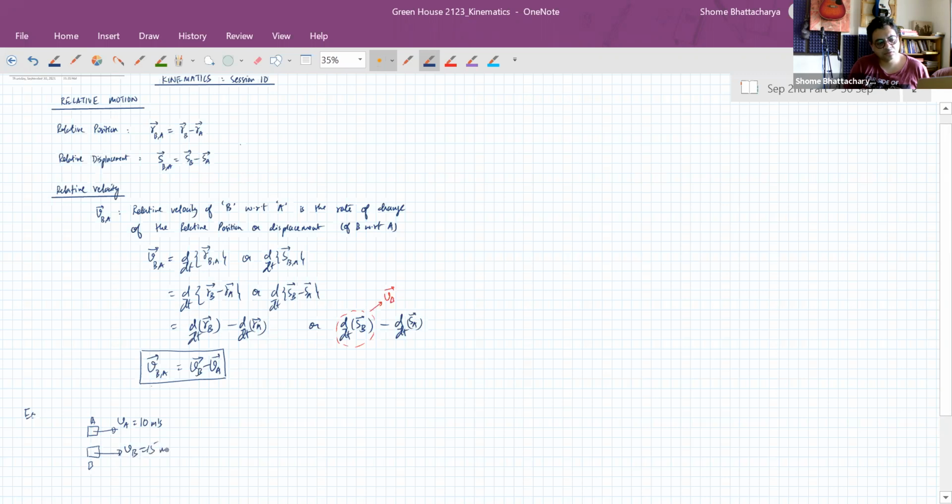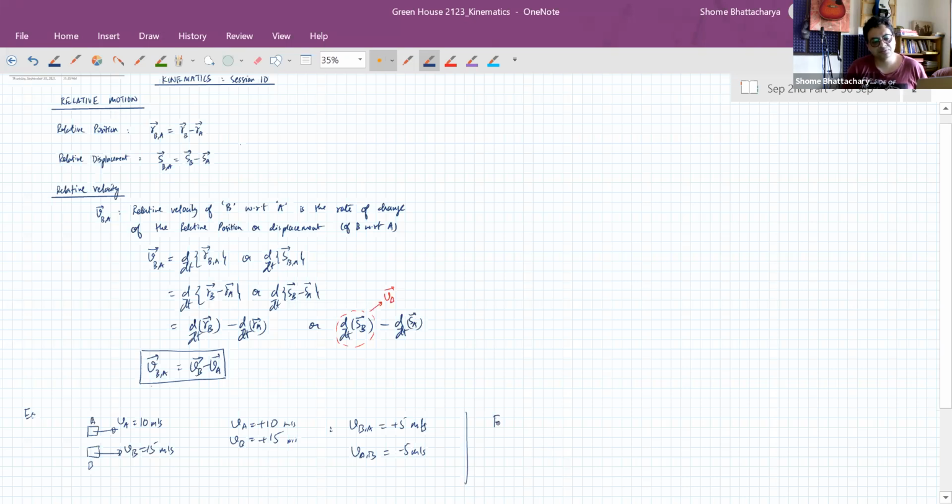You can see that in a one dimensional system, we can write these as plus 10 and plus 15 in meters per second. So velocity of B with respect to A will become plus 5, whereas velocity of A with respect to B will become minus 5. From the frame of B, the object A will look like it's going backwards.